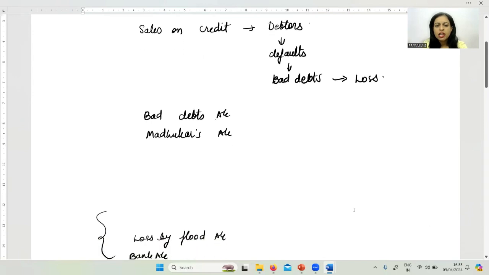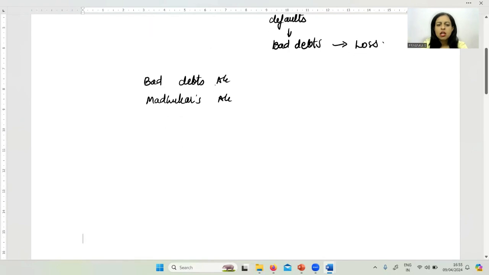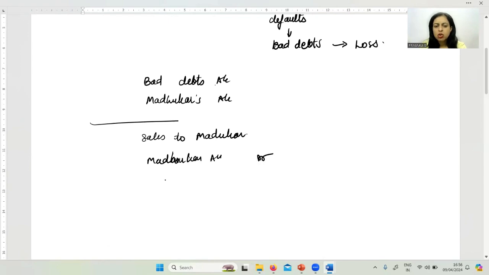To answer that, whenever I make a sales transaction, let's say sales to Madhukar, it will be Madhukar's account debit to sales. This is how sales to Madhukar will be recorded.